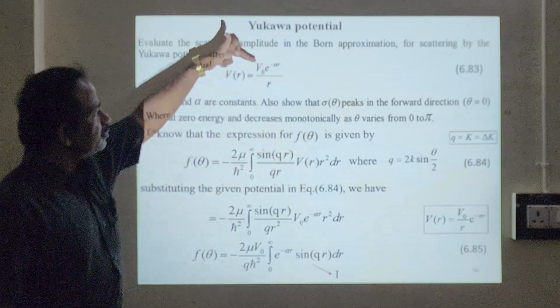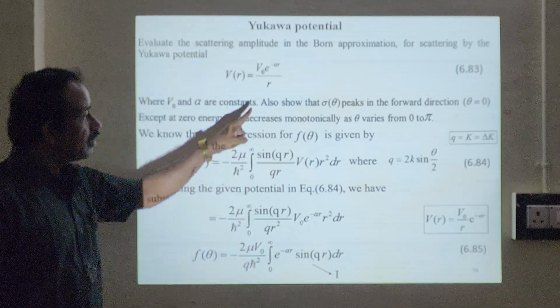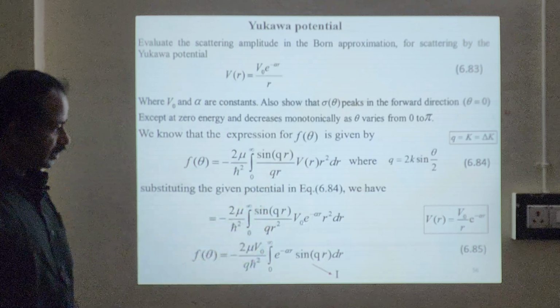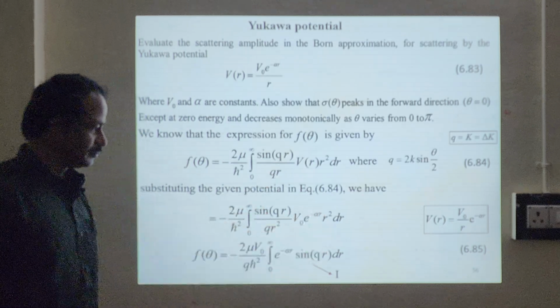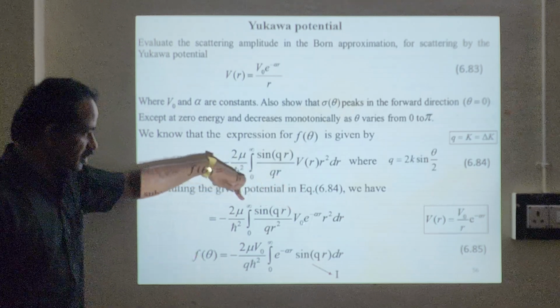So instead of V of R, you substitute V naught e power minus alpha R by R. Already one R is here, so you have R squared. This R squared will get cancelled. So now, minus 2 mu, you pull this V naught out.